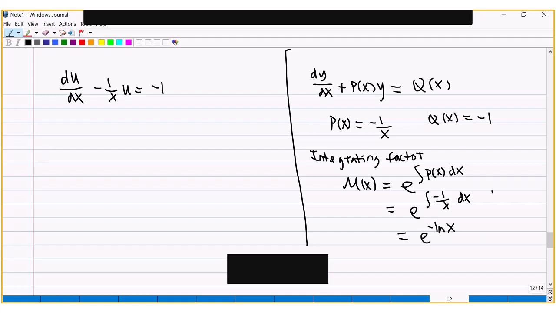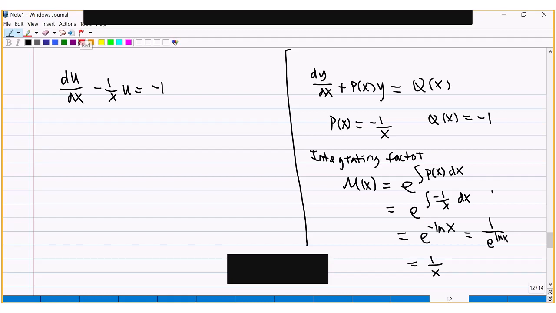A negative power basically means upside down. e power minus ln x is 1 over e power ln x, and e power ln x simplifies to x.